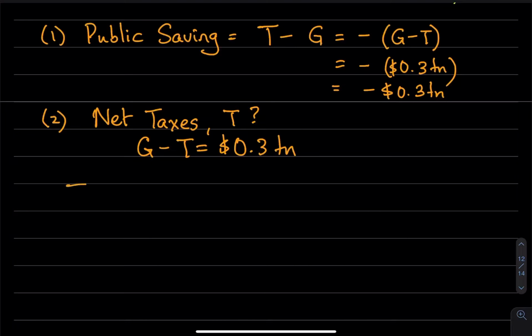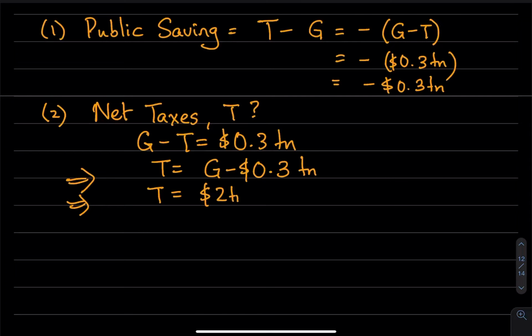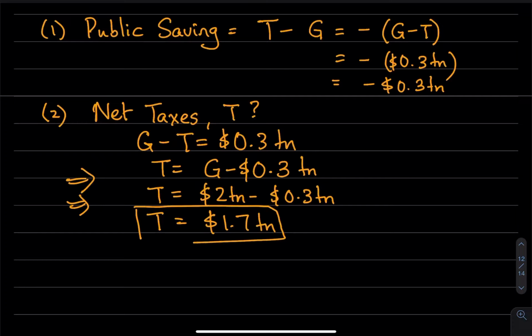And therefore, this implies T equals G minus $0.3 trillion, which implies net taxes equals government spending, which we're given is $2 trillion, so we substitute it in. And this tells us that net taxes is $1.7 trillion. So we have an answer here for part 2. Public saving earlier was negative. This is an answer. This is another answer.